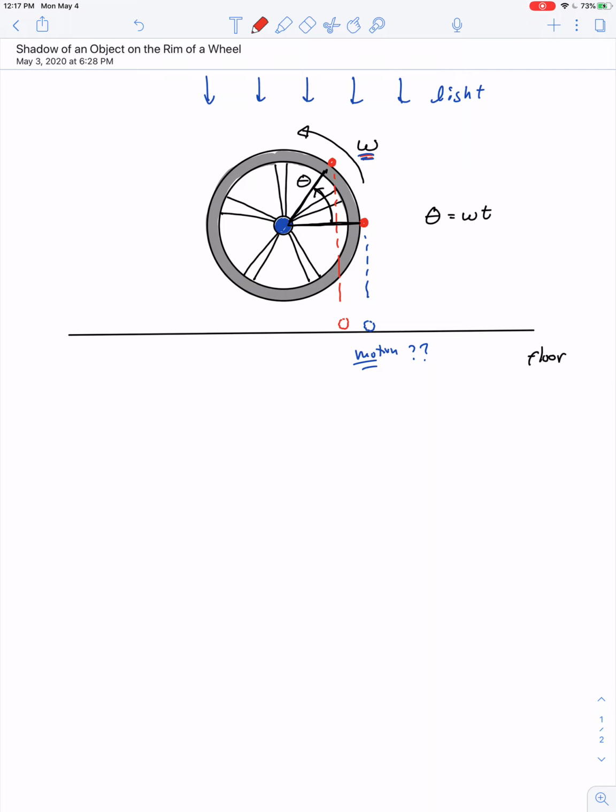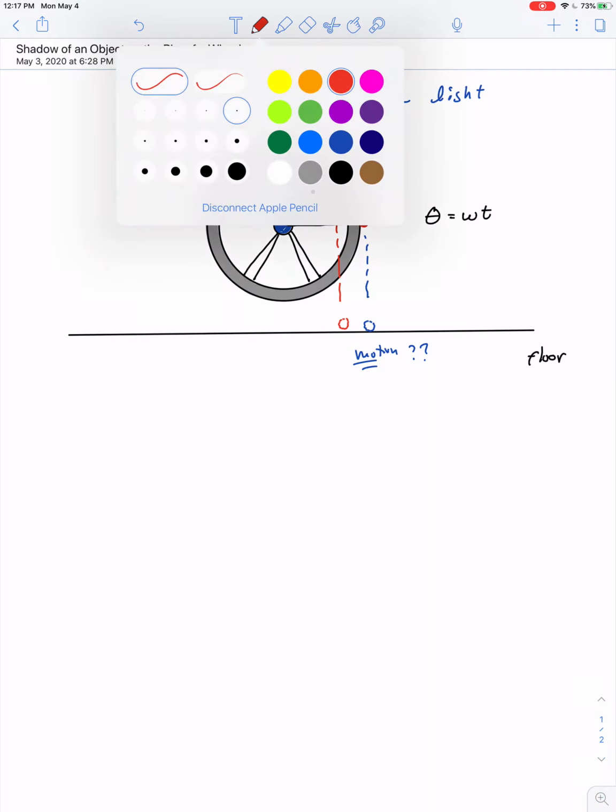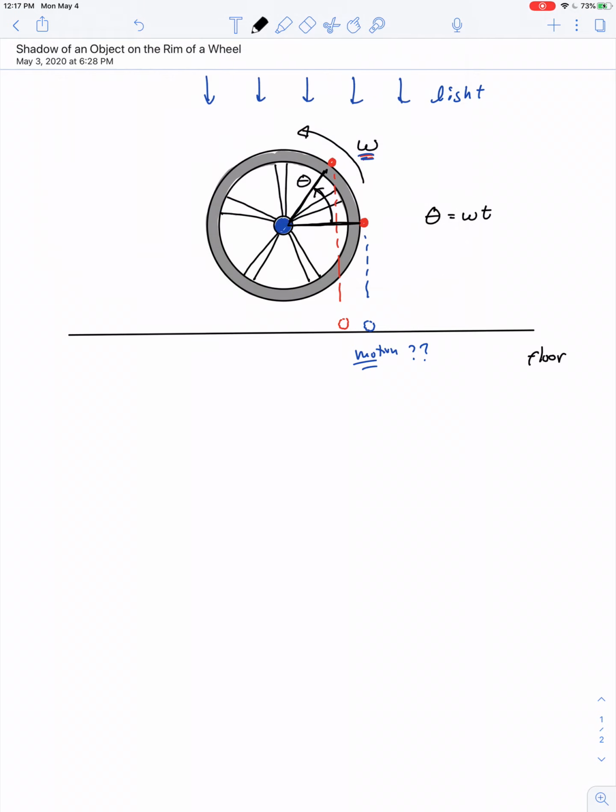Let's go a little more in time to where the angle theta is pi over 2, or 90 degrees. So now the object is here on top of the wheel, and of course if we project down to find where its shadow would be, it would be lined up right there with the center of the wheel.